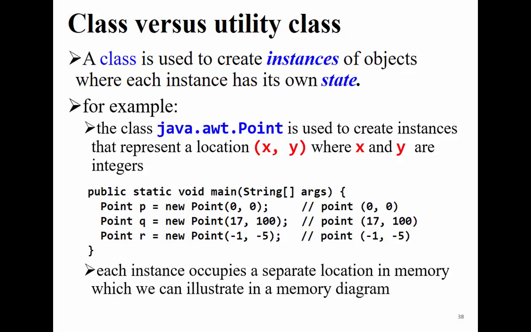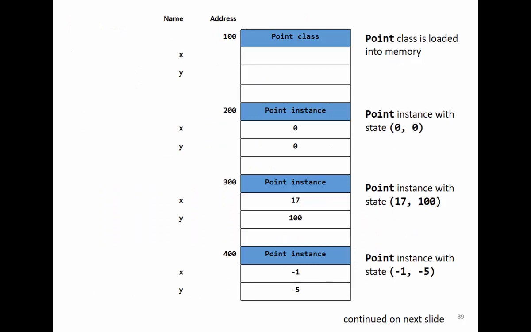Now, each object will have some location in memory. So whenever you are using new, keep that in your mind: you are reserving some space in memory. Here is an example of the memory layout. It might look like this. Assume the Point class is at address 100.